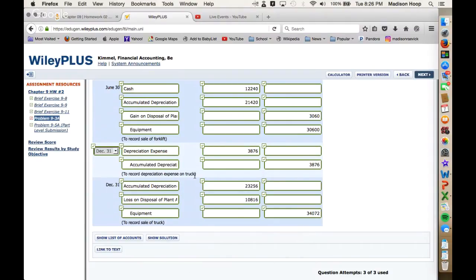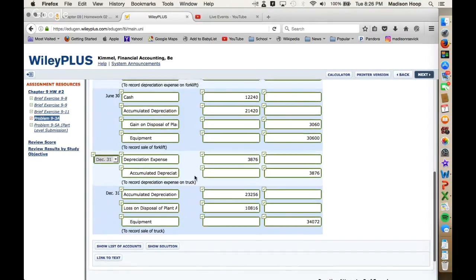It was just for the year, but now we need to multiply that by 5, and that's going to be 23,256. Now, we have the cost of the truck, which I put down here in the credit column. We take that amount and subtract the accumulated depreciation.